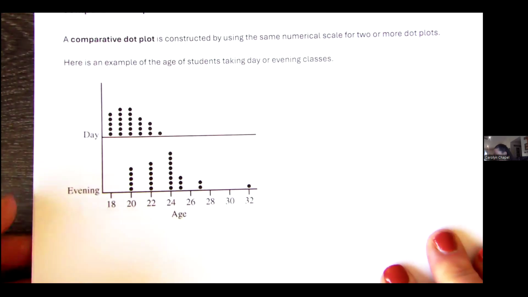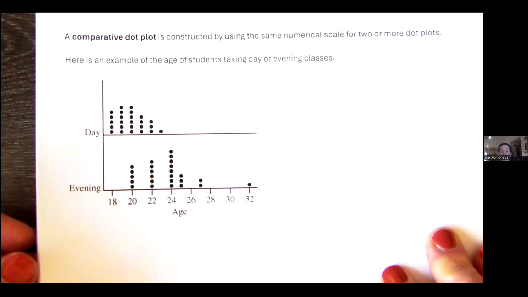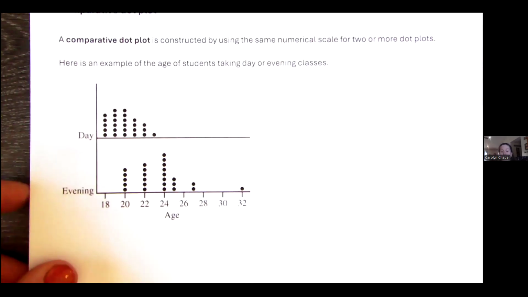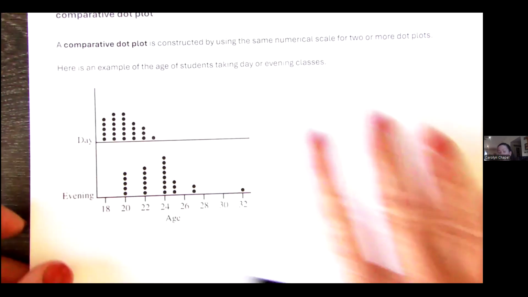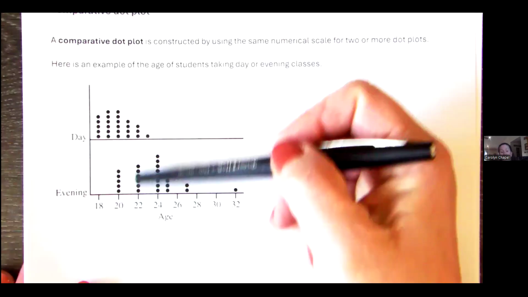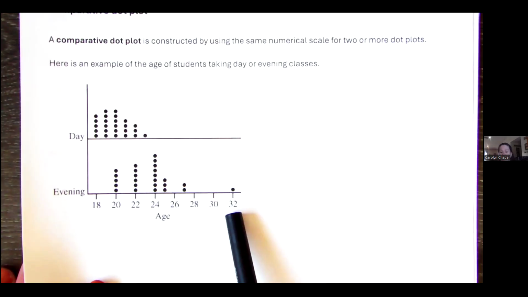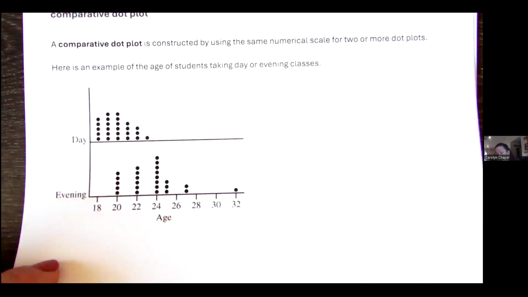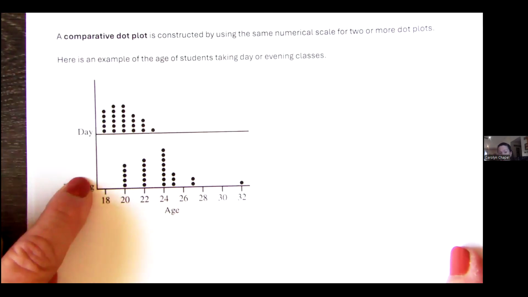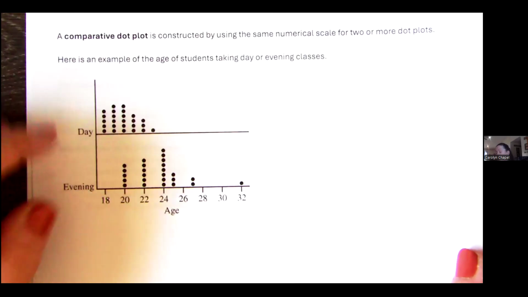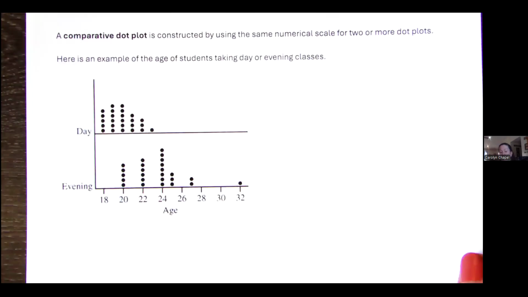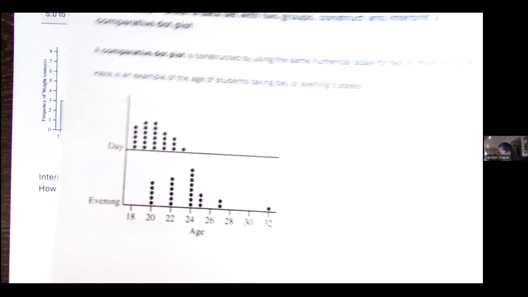A little bit more spaced out as far as ages go. We didn't have any 21 or 23-year-olds, but again, we can easily compare the two graphs this way. But again, making sure to use the same scale for both graphs. It doesn't make sense to have two graphs to compare if they have two different scales. It would be harder for us to compare them.